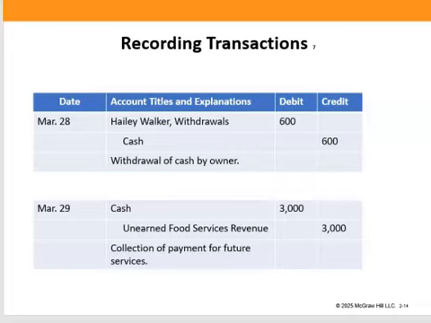Okay, so it's the same as a deposit. So we're going to list it as a liability. They're giving us cash, so we know our asset called cash is going up by $3,000. But we haven't done anything to earn this revenue yet, so it's a liability. We're liable to either provide them with the service or give them their cash back. So that's why it's listed as a liability.